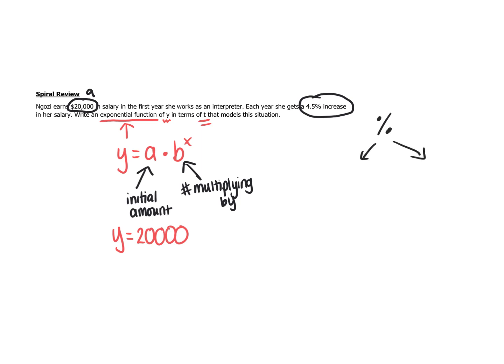It could be a percent that's growing or a percent that's decaying. Well, when we use the word increase, that means that we're growing. So anytime we're given a percent, two different things could happen. We could say 100 plus our percent, then divided by 100. If it's decay, though, we would say 100 minus our percent, and then divide by 100.